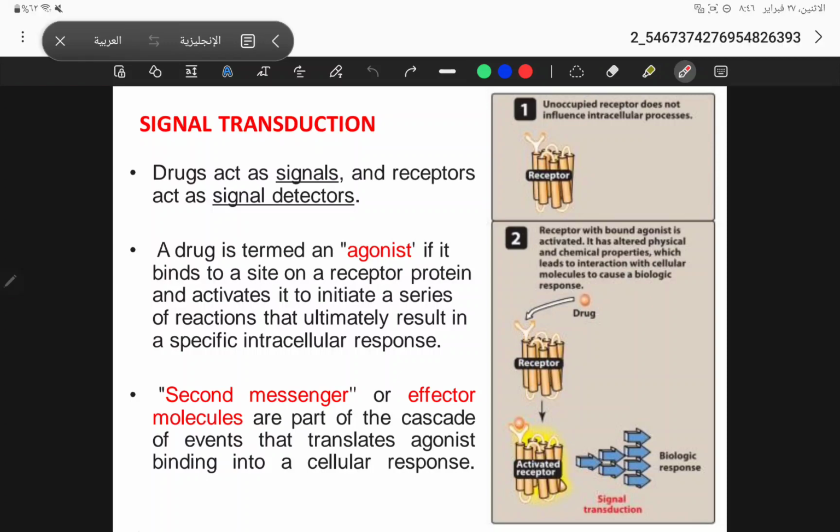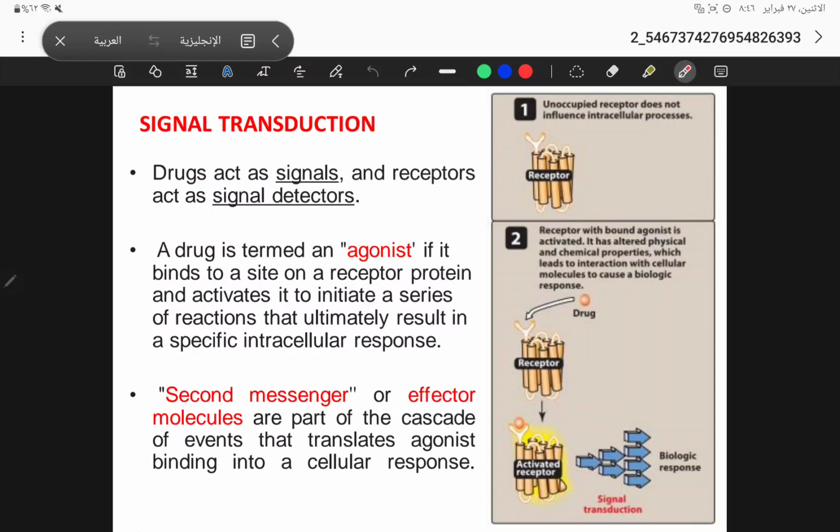The drug here we will call a signal, and if that signal is going to activate this receptor, what is going to happen later? How is this signal going to be transmitted inside the cell to give the action? We are going to see here. This is what we call signal transduction.